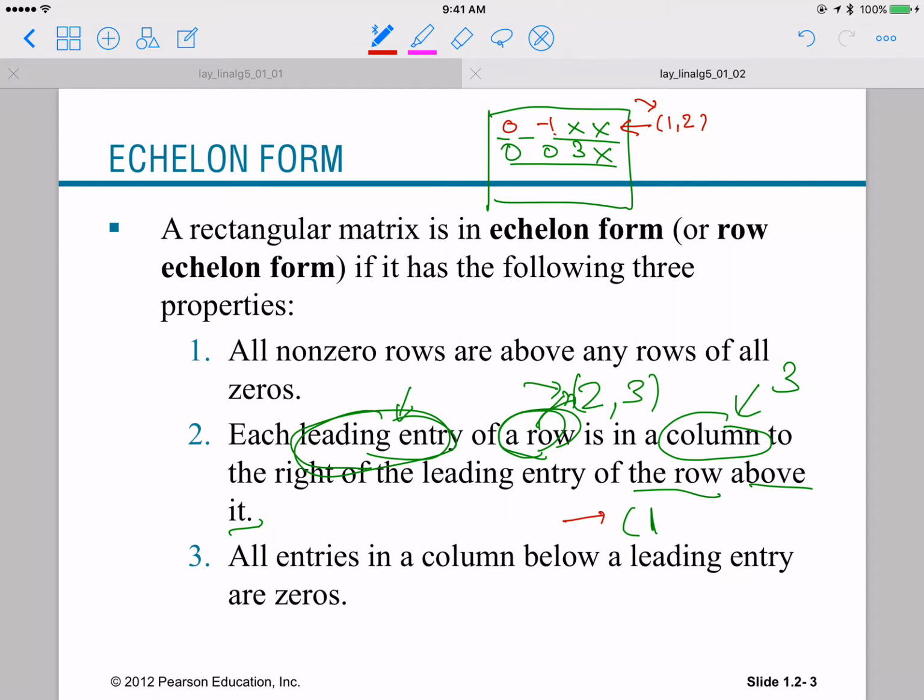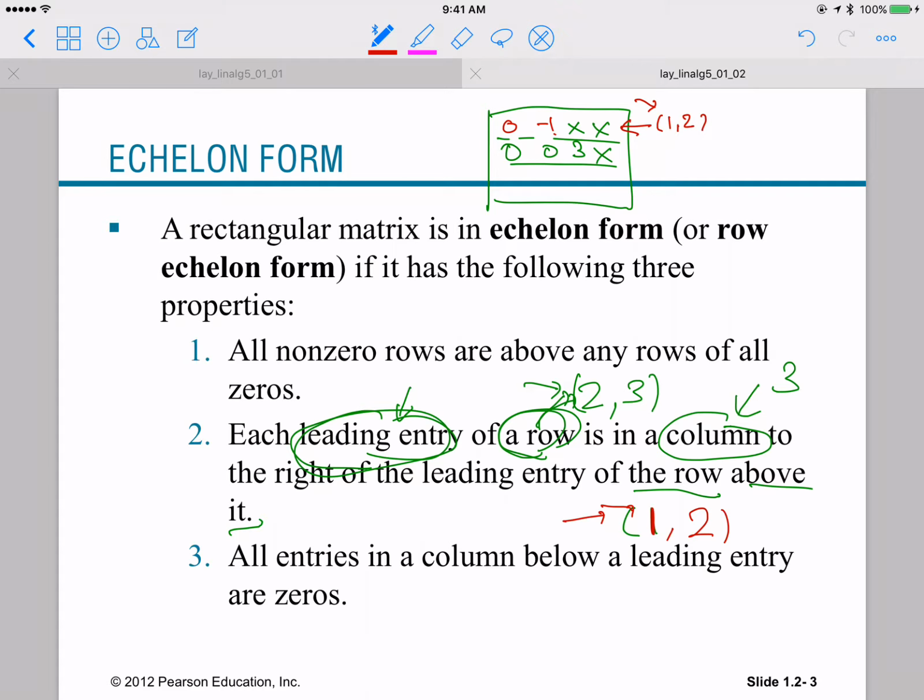Back to this sentence, we consider the row above it, which is the first row or even the other rows above. But we consider the leading entry of the first row, and it's in the position of the second column.